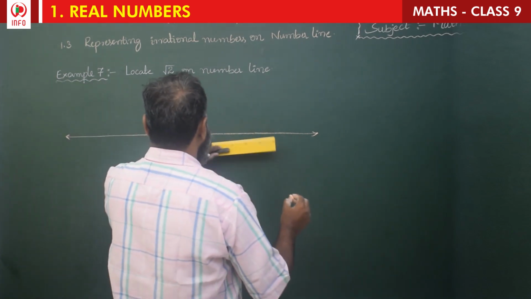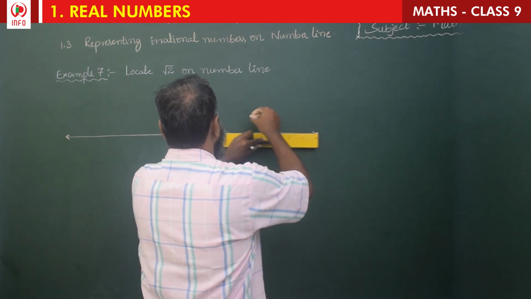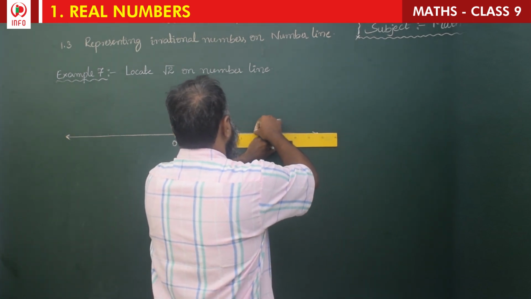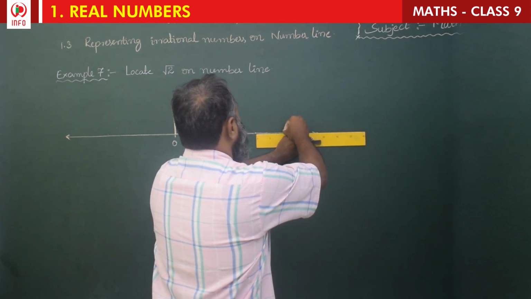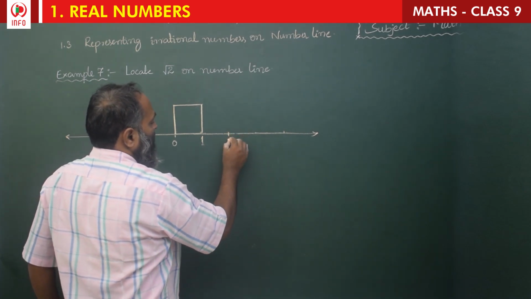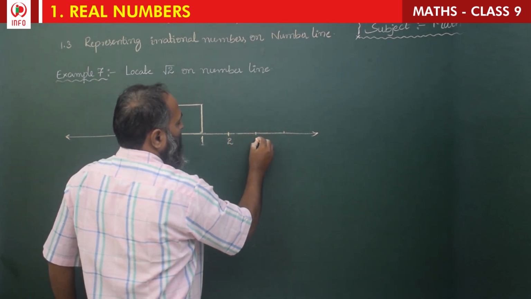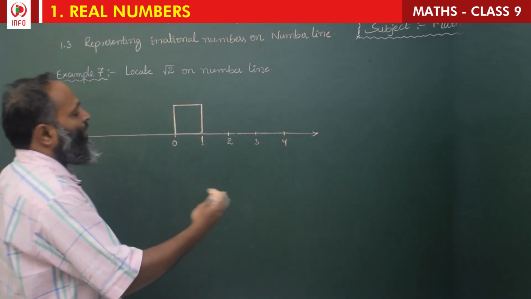Okay. Now 0, 1, 2, 3, 4 with equal distance, meaning 1 unit.